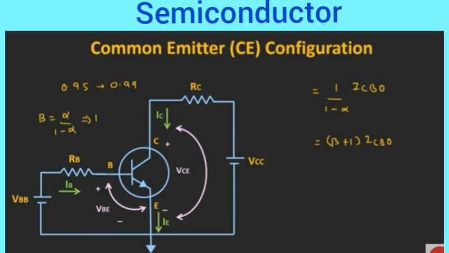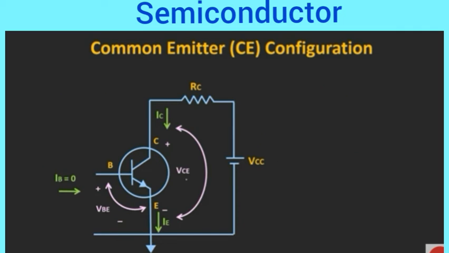Beta can be given as alpha upon 1 minus alpha, so beta plus 1 can be given as 1 upon 1 minus alpha. So this will be the value of leakage current whenever the base current IB is equal to 0, and it is defined as current ICEO. That means it is the leakage current which flows through the collector to emitter terminal whenever the base terminal is open. So this value of ICEO can be given as beta plus 1 into ICBO.